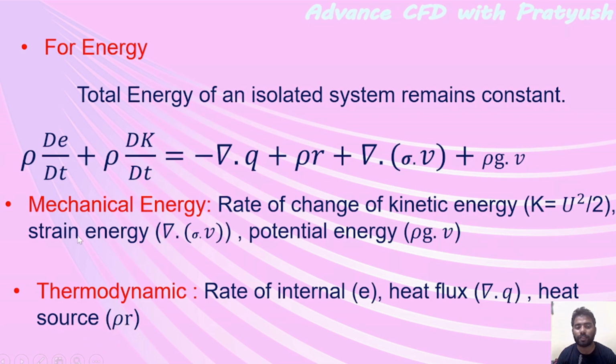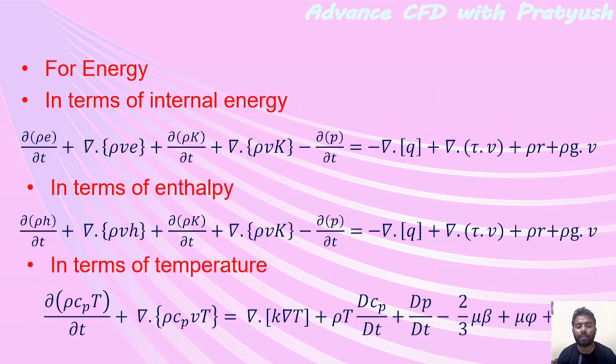Okay, if we write all these terms in the form of an energy equation, this is the general form of the energy equation. The same energy equation we can write in different forms. If you want to write it in the internal energy form, you can write this equation here, and if you want to write it in the form of enthalpy, then you can write this equation here, and the same equation you can write in the form of a temperature equation.